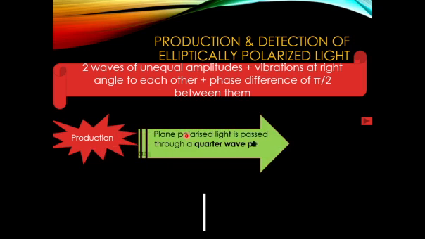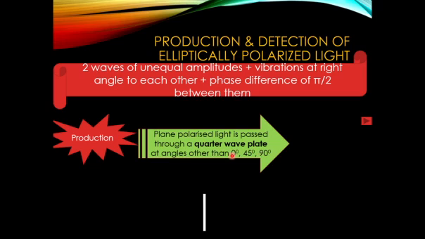Coming on to the production, we can see that plane polarized light, if it is passed through a quarter wave plate, gives a path difference of lambda by 4, which is the same as a phase difference of pi by 2, and it must be incident at an angle other than 0 degree, 45 degree or 90 degree.